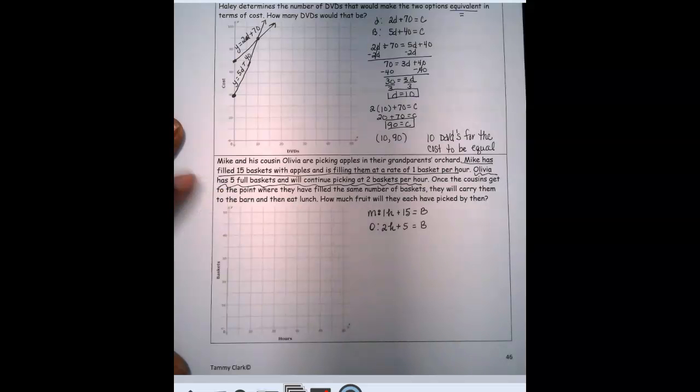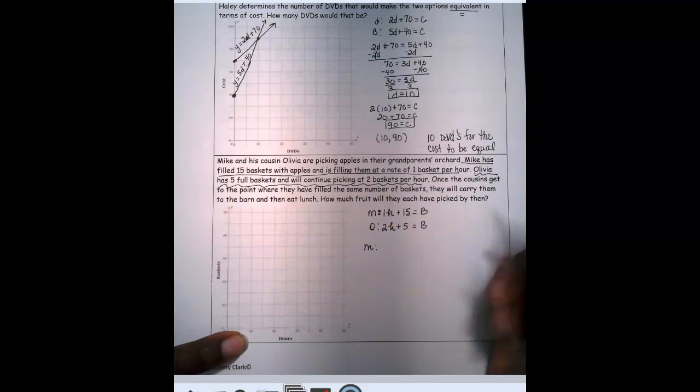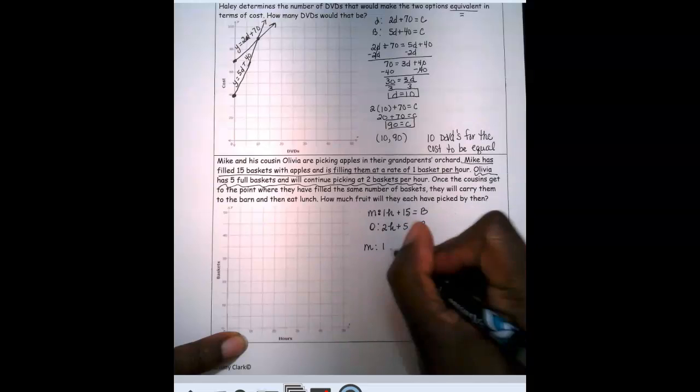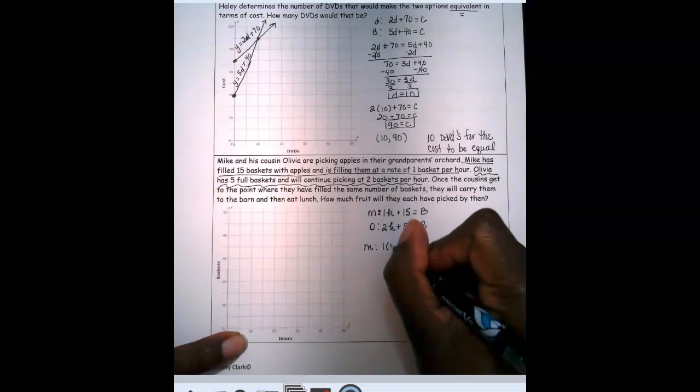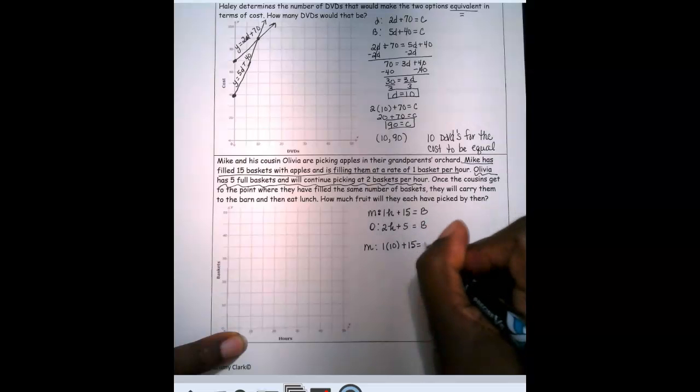Now remember I said we could do this 2 separate ways, and I showed you one way up here. Well, on this way, I'm just going to pick a value down here on the x-axis. Well, I'm going to pick 10 again. So I'm going to take Mike, and I'm going to say, okay, well, 1 basket per hour plus 15 gives me how many baskets?